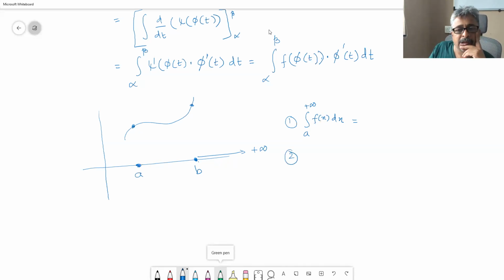Second uncomfortable situation will be when the lower limit goes to minus infinity.